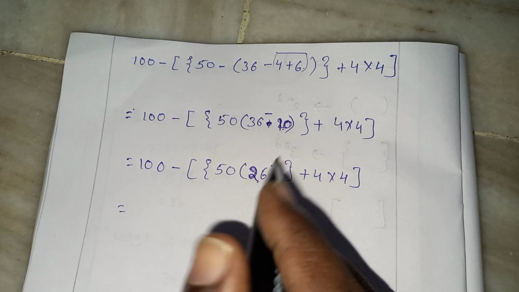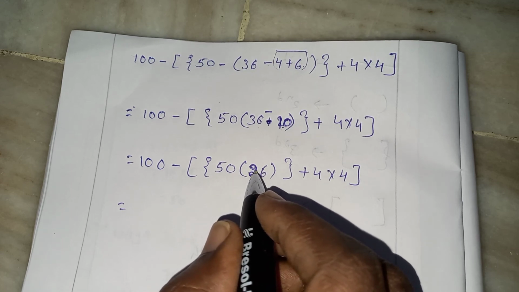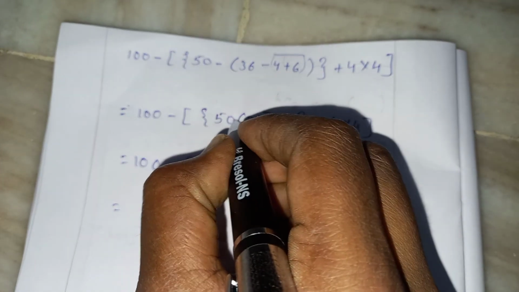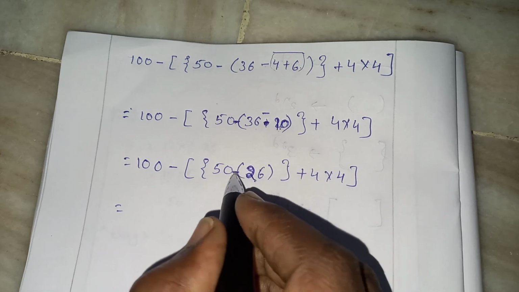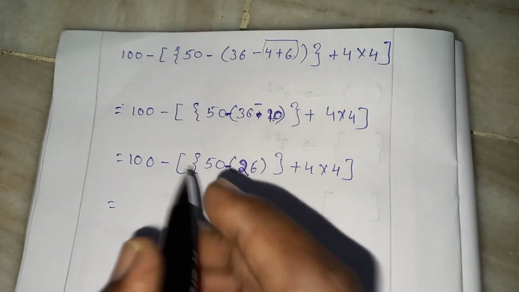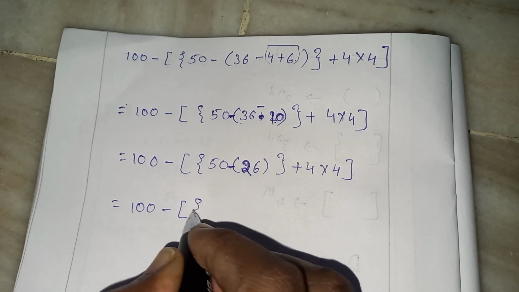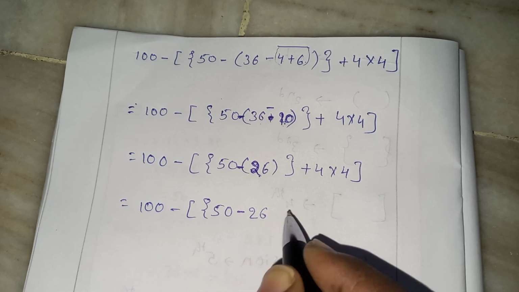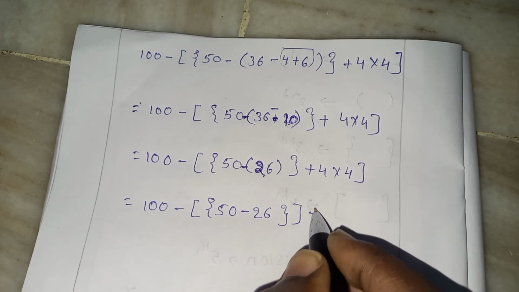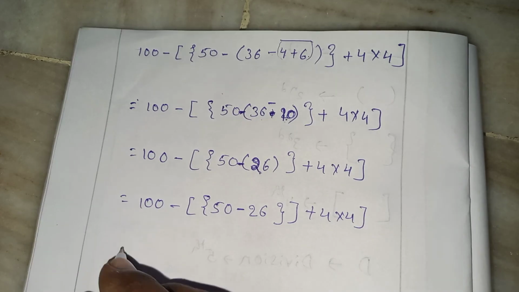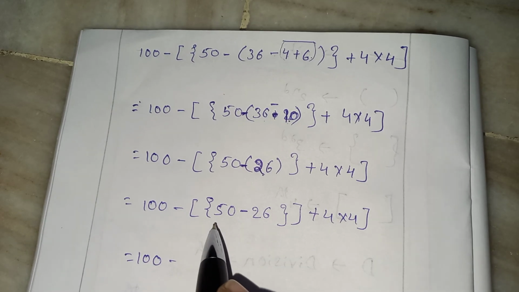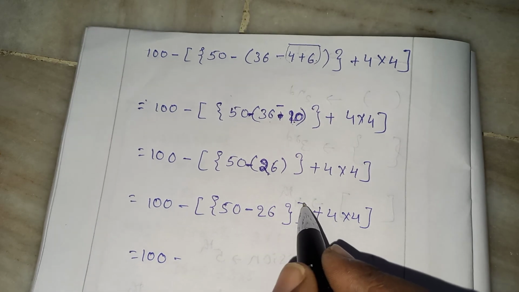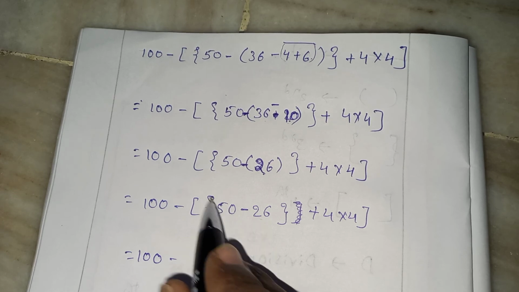Now the answer is 26. And I missed a minus also here. 100 minus 50 minus, we have the minus here, take the number out of the parenthesis. So 100 minus, next which has more priority?